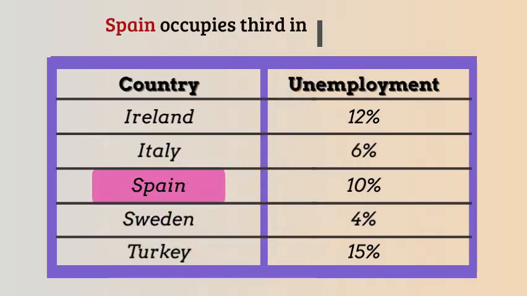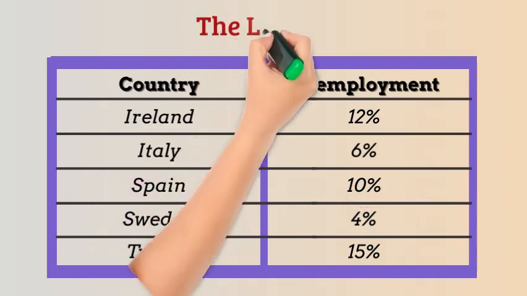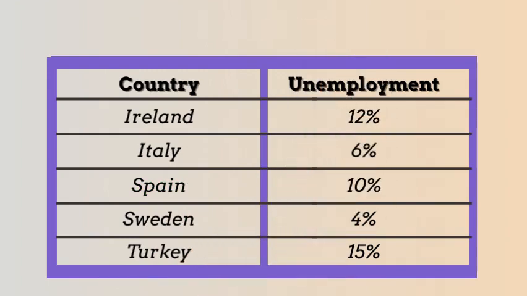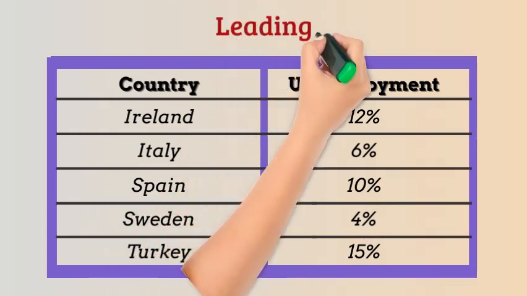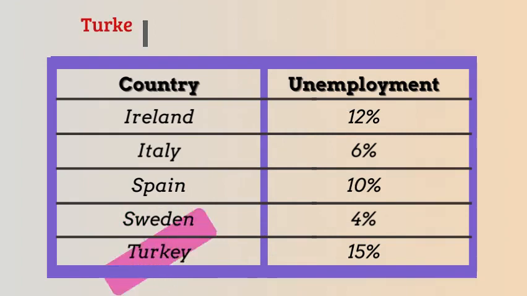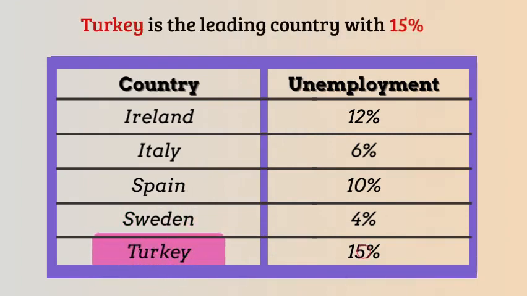Spain occupies third in table by 10%. The lowest. Sweden is the lowest with 4%. Leading. Turkey is the leading country with 15%.